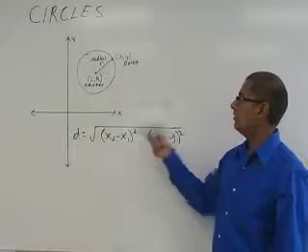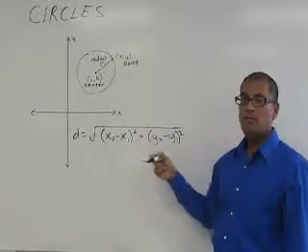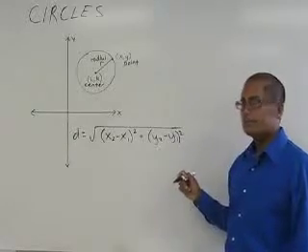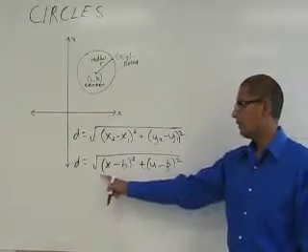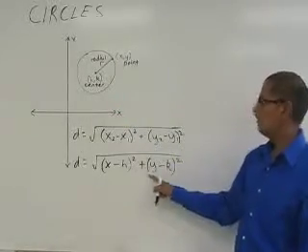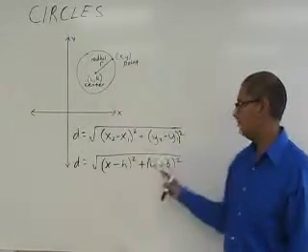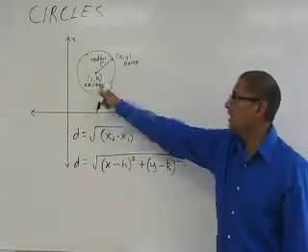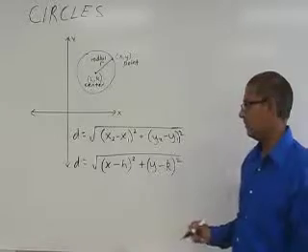So if we substitute in these 2 points for x1, y1, and x2, y2, we get the distance is equal to the square root of x minus h squared, plus y minus k squared. So notice xy is the point on the circumference, and hk is the point in the middle, the center.